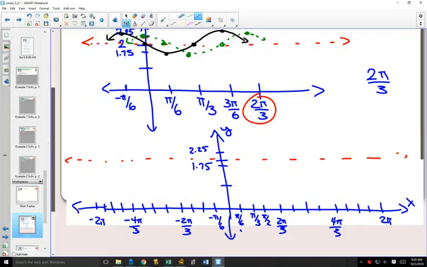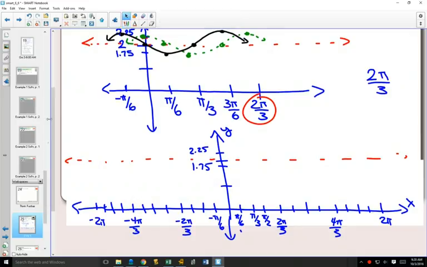We know that it started at a maximum, but that maximum has been moved pi over 6 to the left. So this is our starting point. And then it went down to here, down to a minimum, back to the center line, back to the maximum. And you could keep going all the way through.